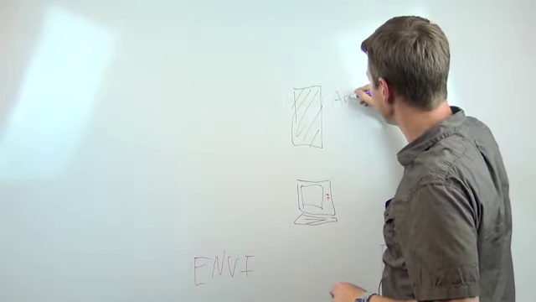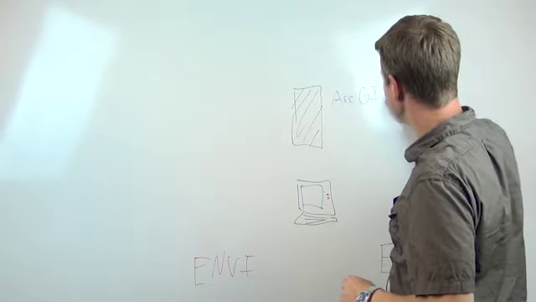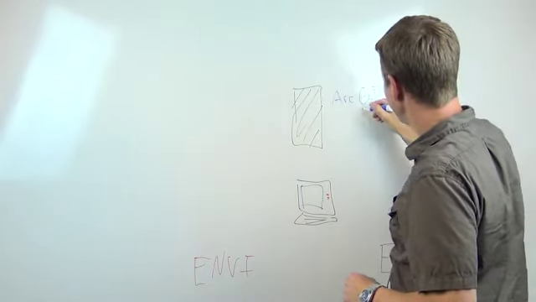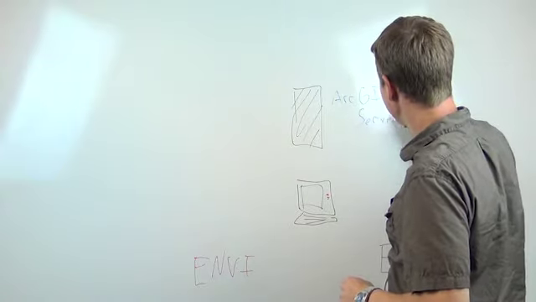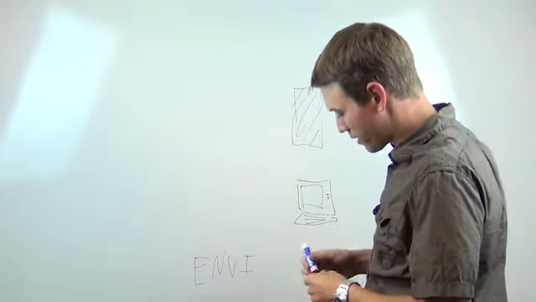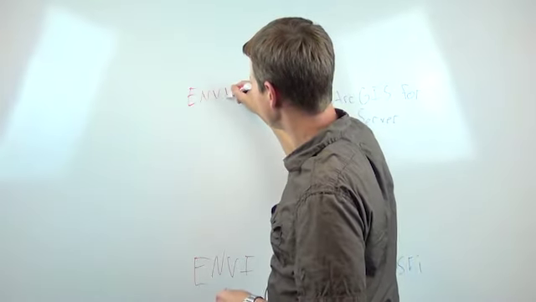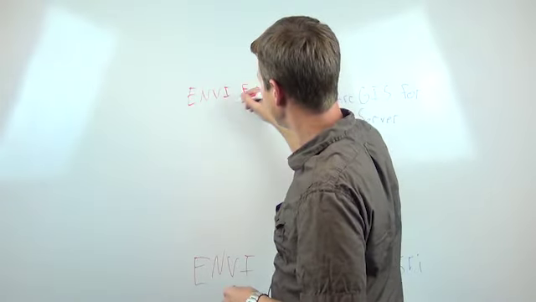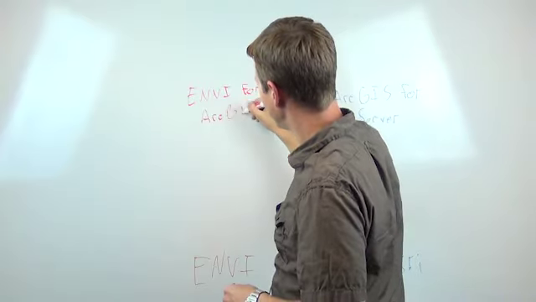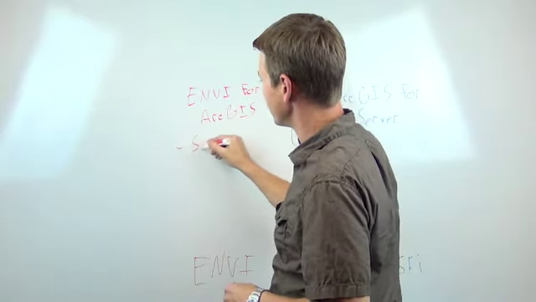We do the same thing on the server level, where if you say have ArcGIS for Server, which is ESRI's server-based technology, we have a product over here called ENVI for ArcGIS Services Edition.